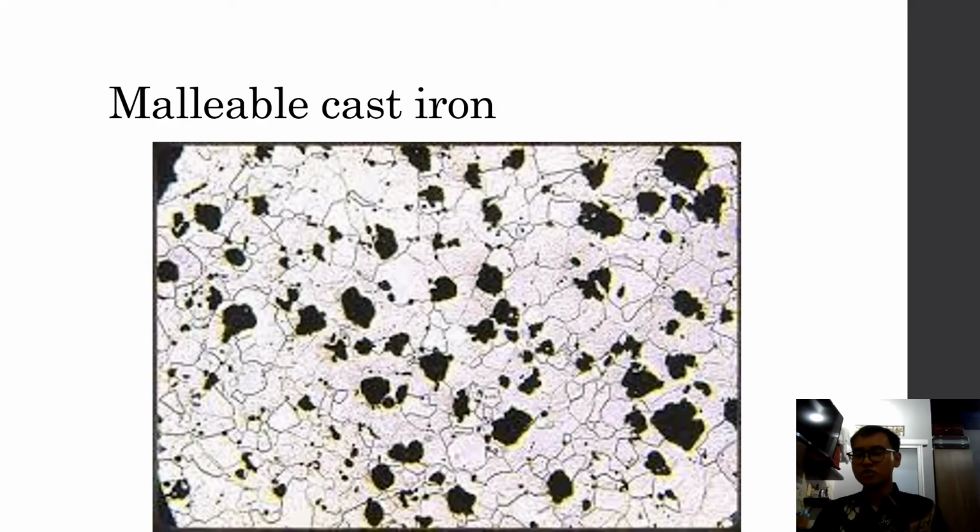Because of this microstructure, the metal has much improved malleability, and hence the name malleable cast iron. The lubricating action of graphite clusters also imparts high machinability. The lower melting point of malleable cast iron and its greater fluidity at the casting temperature makes it much easier to cast than steel.